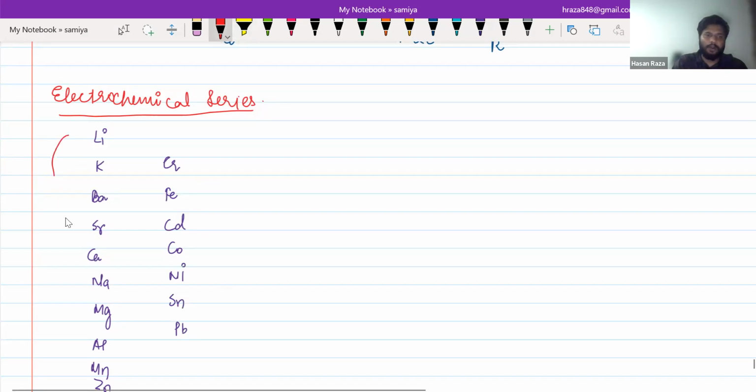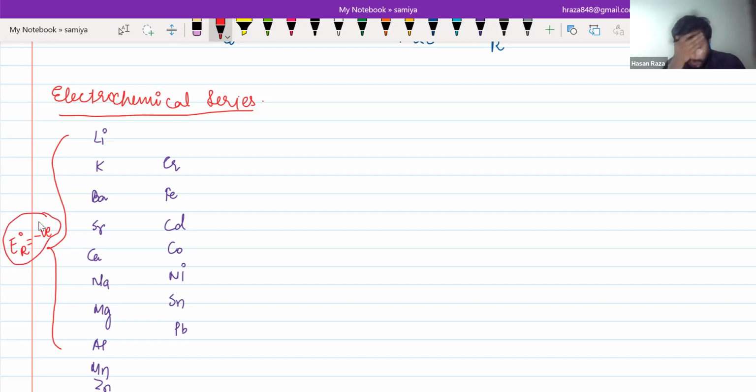The electrode potential of all these elements is negative. E naught R will be negative. We don't need to remember the values. We just need to focus on which one is more reactive and which one is less reactive.